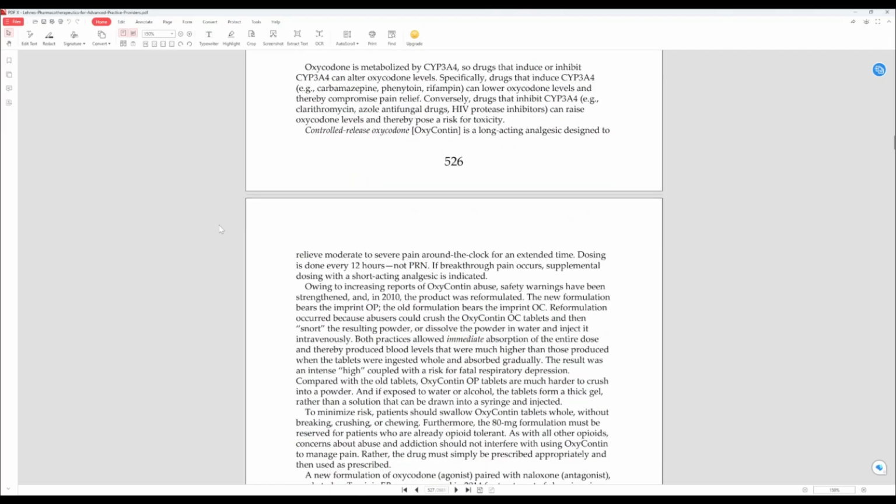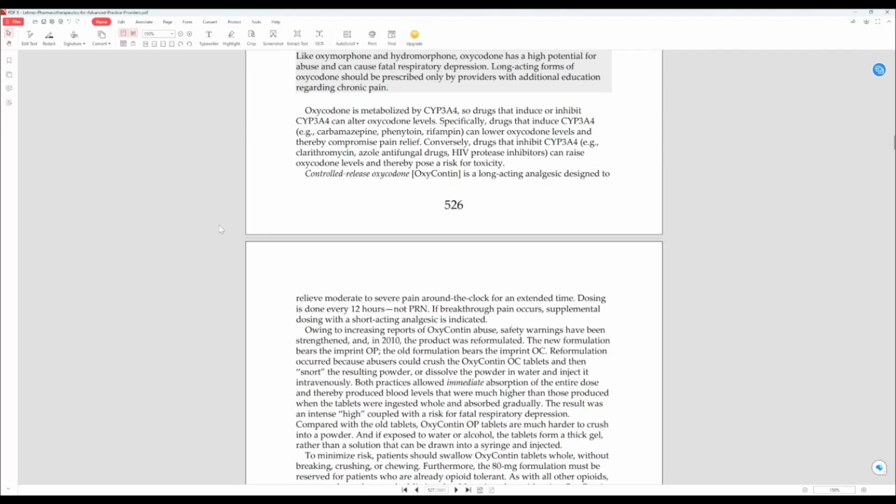Oxycodone is metabolized by CYP3A4, so drugs that inhibit or induce CYP3A4 can alter oxycodone levels. Specifically, drugs that induce CYP3A4 can lower oxycodone levels and thereby compromise pain relief. Conversely, drugs that inhibit it can raise oxycodone's level and thereby pose a risk for toxicity.